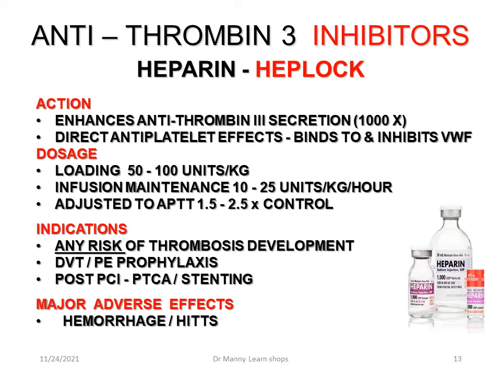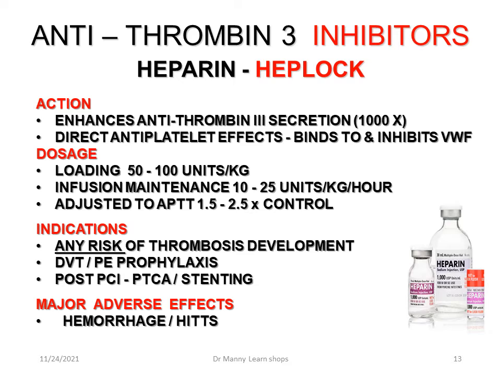Loading is typically 50 to 100 units per kg, with a maintenance infusion of about 10 to 25 units per kg per hour, and it's adjusted according to your APTT, your activated partial thromboplastin time. And typically it's 1.5 to 2.5 times control.